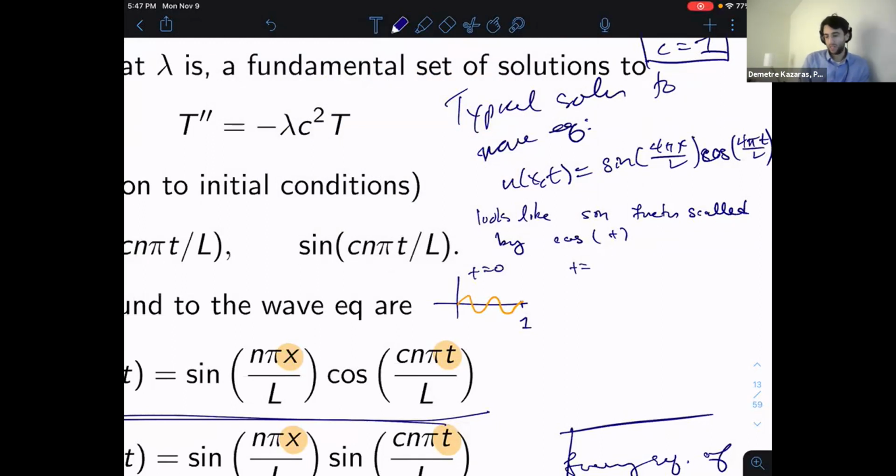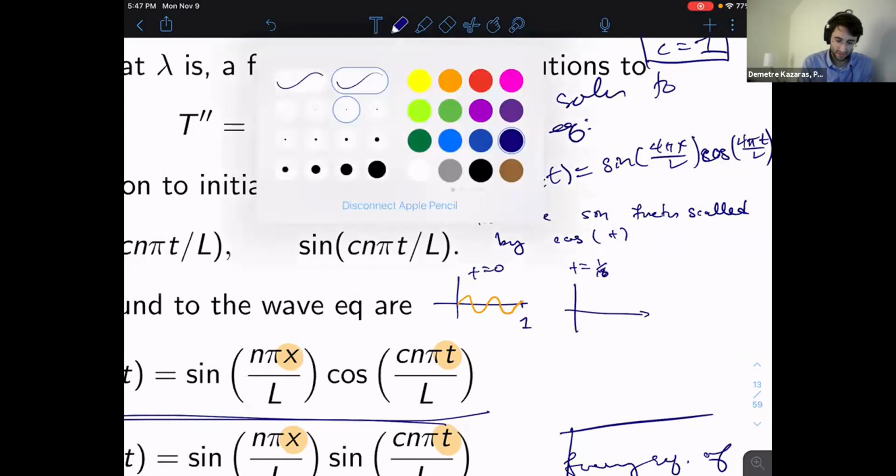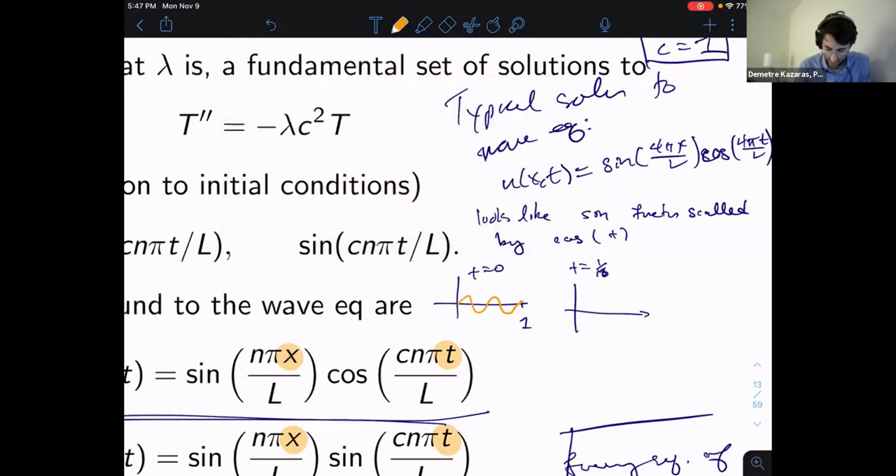And well, t equals some later time. Well, let's see, 1/8, I guess. How about 1/16? And cosine will be like somewhere in between 1 and 0. So it'll be some positive scaling. So it'll be like the sine function, but you've kind of dampened it a little bit. And then let's go later time, t equals an eighth.